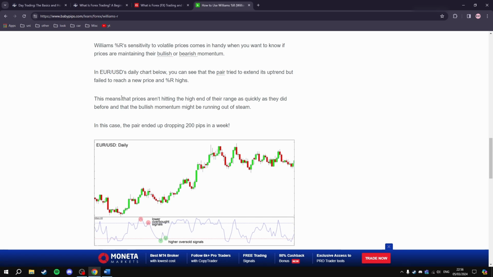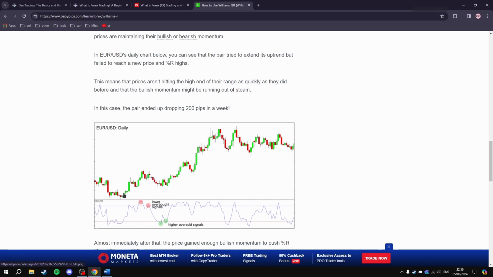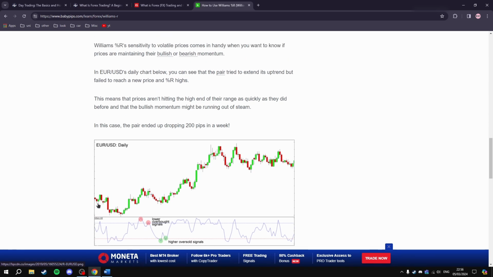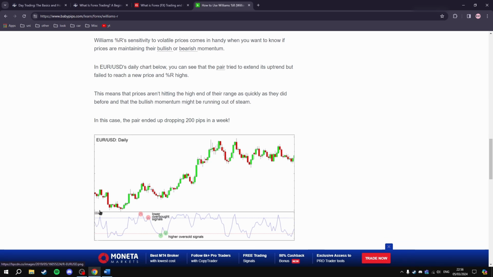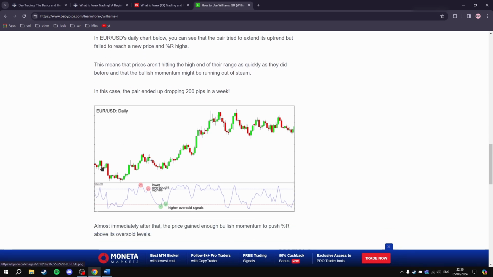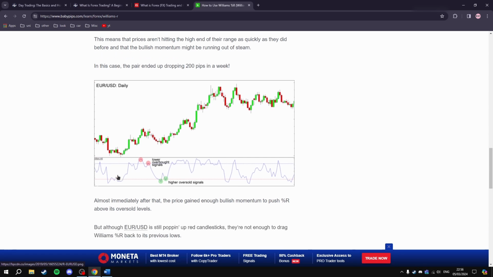So this means the pair failed to reach new price and percentage R highs, so that's that bit here. And bullish momentum might be running out of steam. In this case, the pair ended up dropping 200 pips in a week, so that's that bit here.